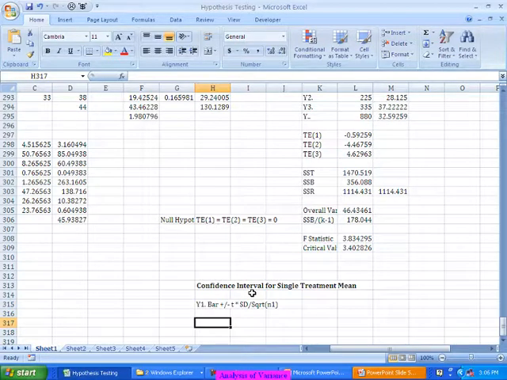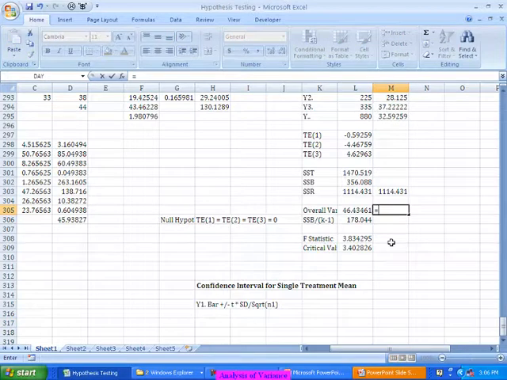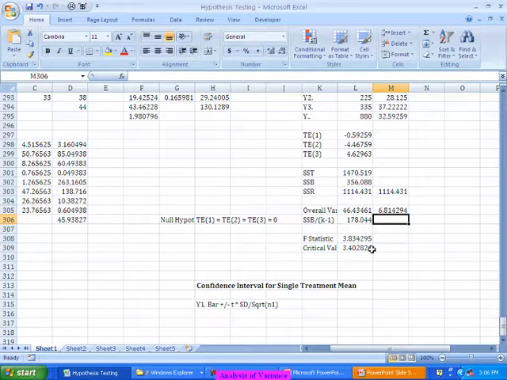Sigma is the overall standard deviation which we have computed. This is the overall variance, so taking the square root of this gives me the overall standard deviation. In this example, the overall standard deviation is working out to 6.8.